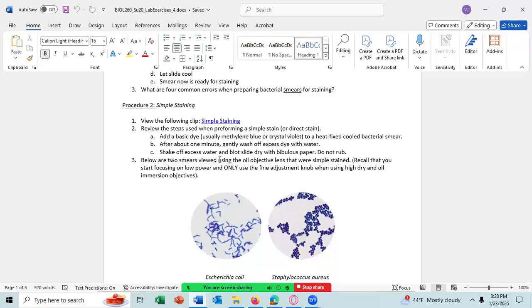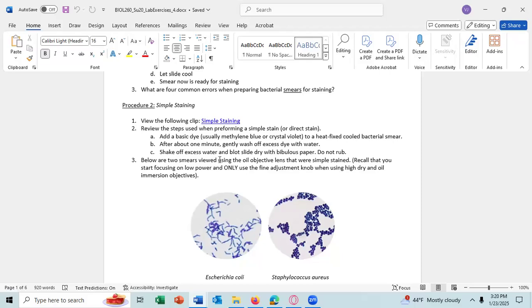Let me show you how you do that. Pretend this is your slide. You get a piece of bibulous paper. It's really thick, almost like cardboard. You rip it out, and then you fold it over so the paper is over the slide, and then you just press the bibulous paper down onto the slide.